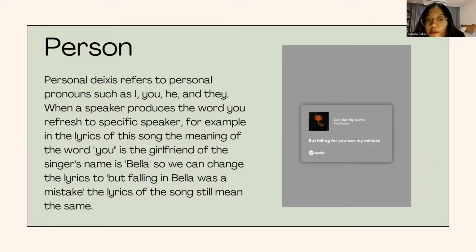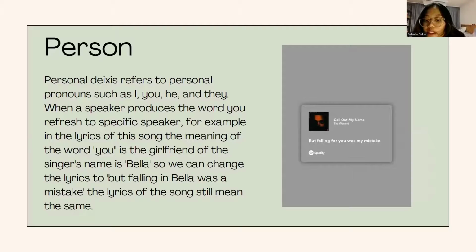The third is person. Person deixis, or personal deixis, refers to personal pronouns such as I, you, he, and they. When a speaker produces the word you, it refers to a specific person.